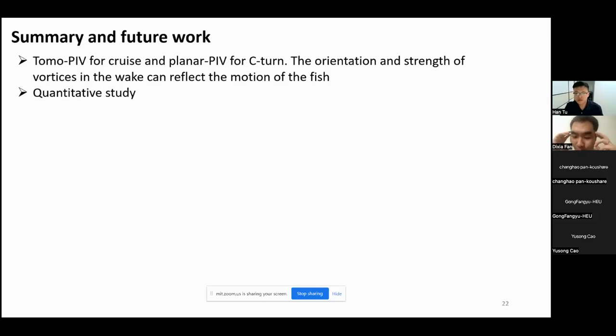Okay, if I can just follow up on the 3D and 2D wake pattern. I totally agree the 2D captures a major mechanism, or the key structure, of the shedding vortex pairs. And the 3D is to some degree a signature of whether the ring is more flat or more circular. I have this thought because the vortex ring shape also has a very strong relationship to the shape of the tail, whether it's a little bit more round.